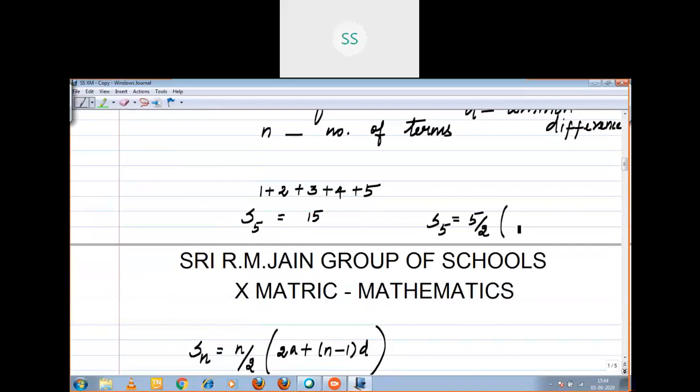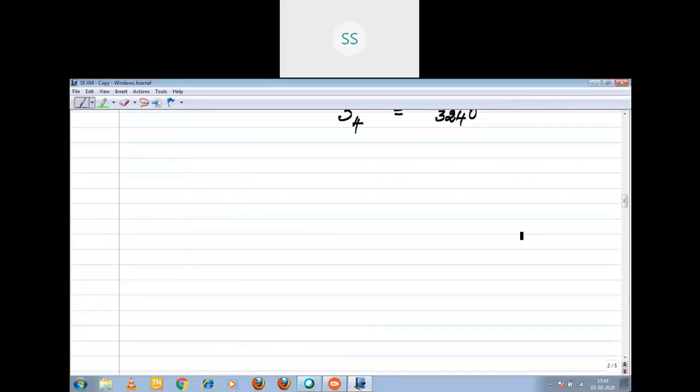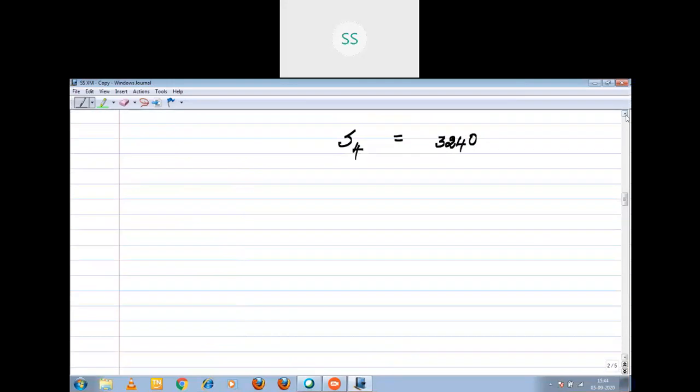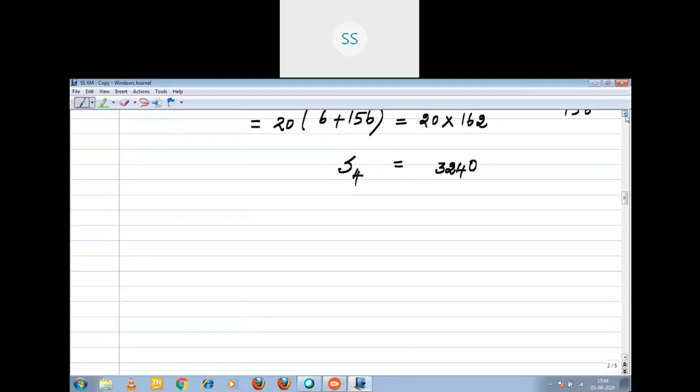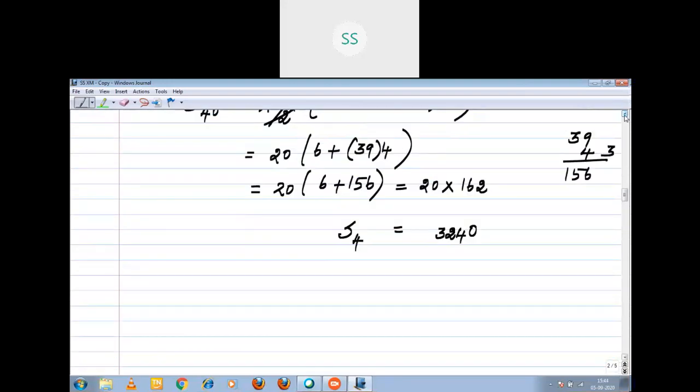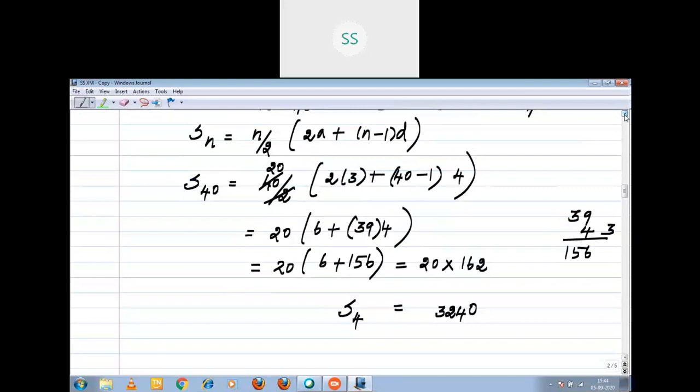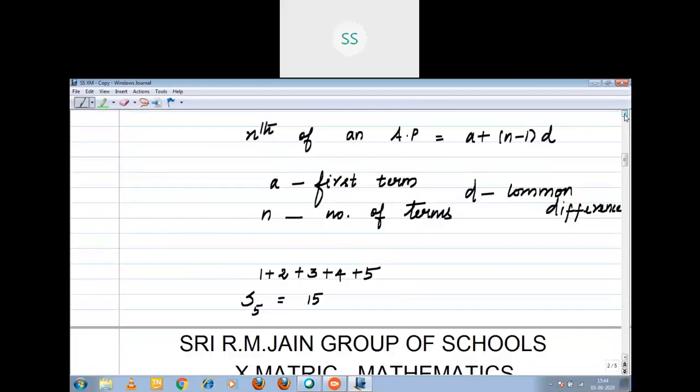n is 5, 15 by 2. Got it? Sorry, children. 1 plus 2 plus 3 plus 4 plus 5, that is 15.